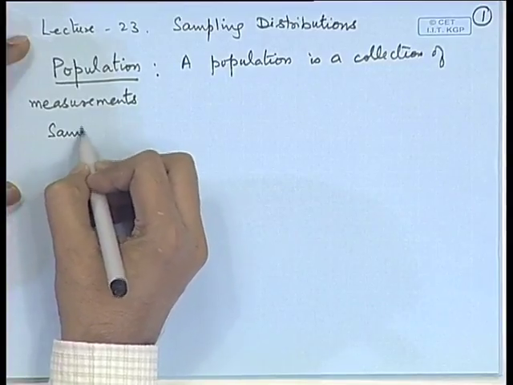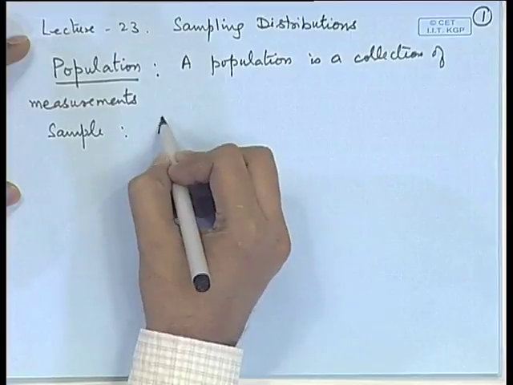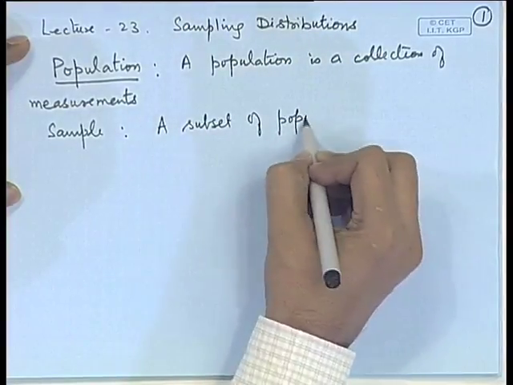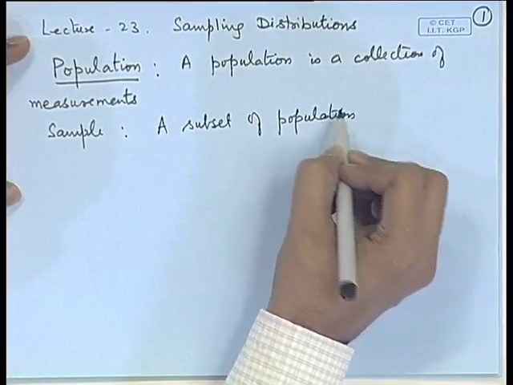A sample is a subset of a population. Since it may not be possible to have a complete enumeration of the population, in various studies it is enough to consider a certain sample of the population. A general random sample which we consider in statistics is taken in such a way that the probability of selecting each observation is the same.